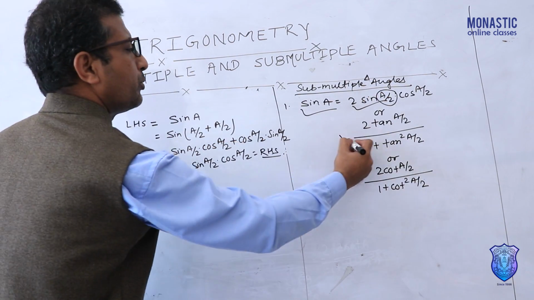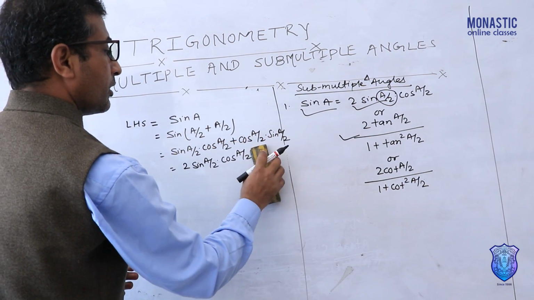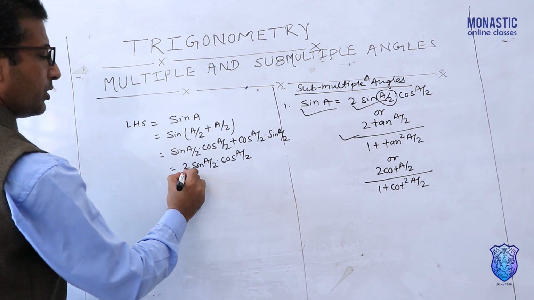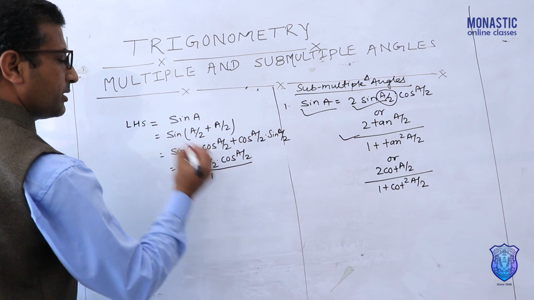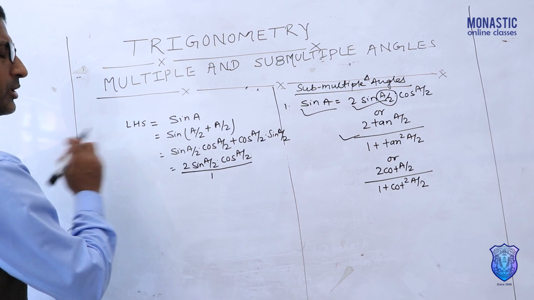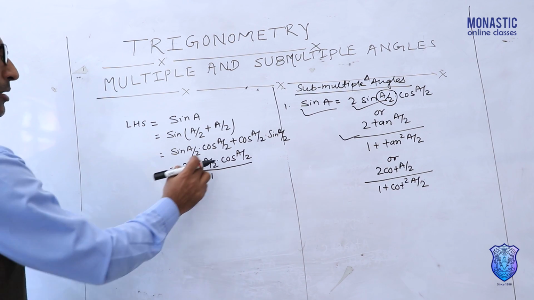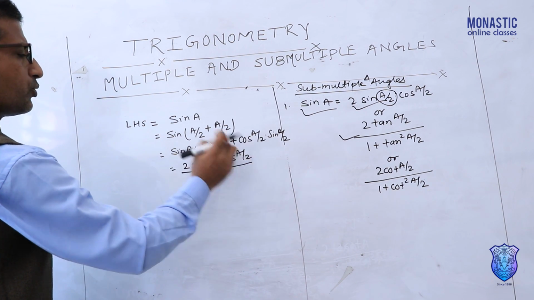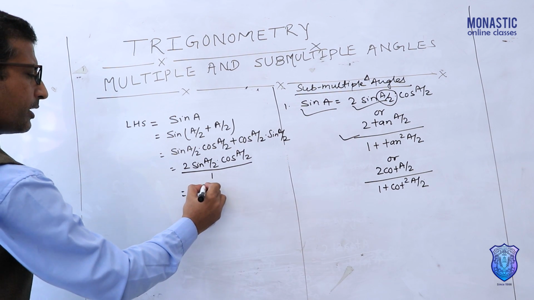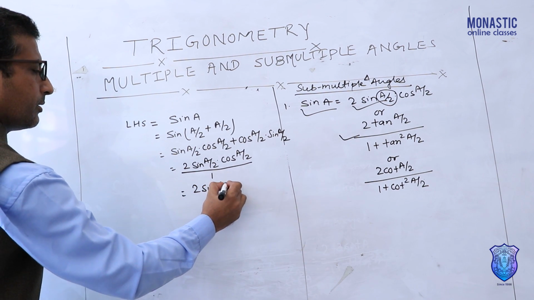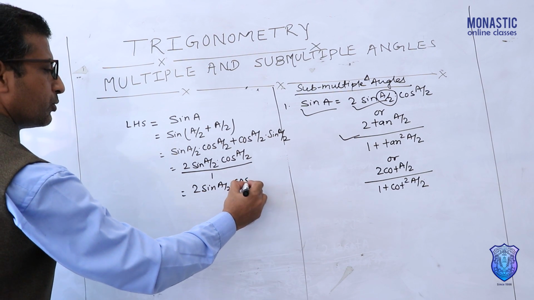When we have to prove this one, you have learned in the earlier formula how we have proved it. In the denominator we have written 1, but here we have sine A by 2 cos A by 2. So what changes do we have to do?